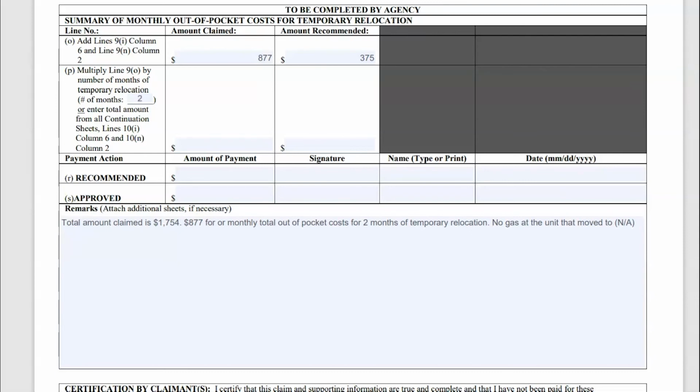For our example, we said they used the temporary housing for 2 months, and therefore the amount claimed is $877 times 2, which is $1,754. The amount requested is $375 times 2 months, which is $750. In rows R and S, the subrecipient should input the amount recommended and approved and the name, signature, and date of the recommendation or approval.